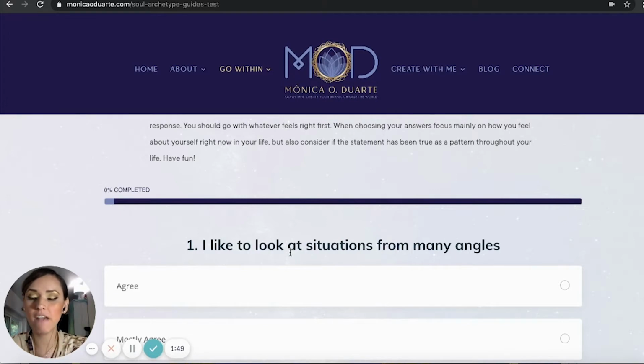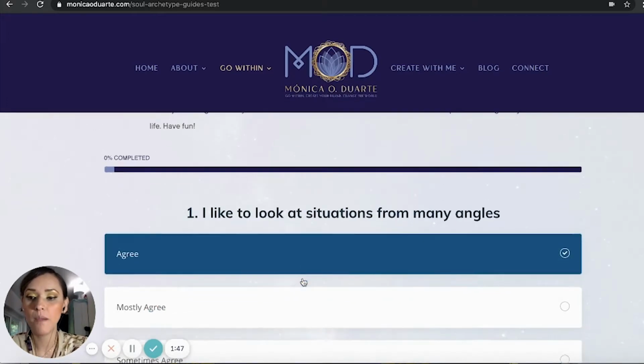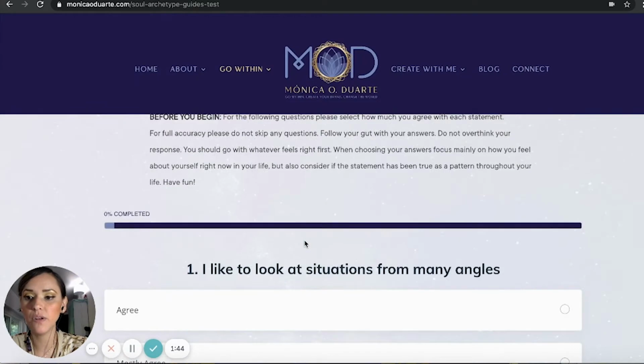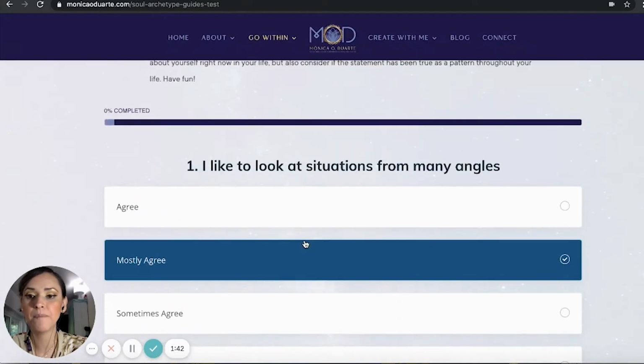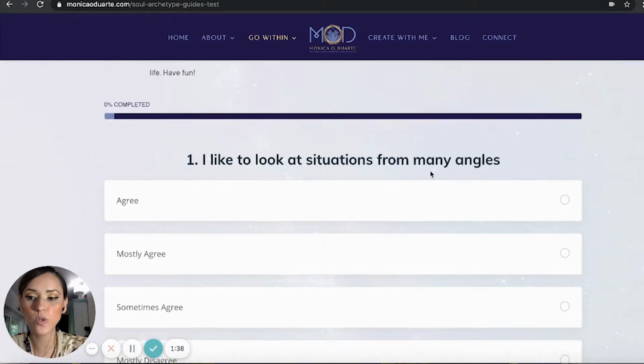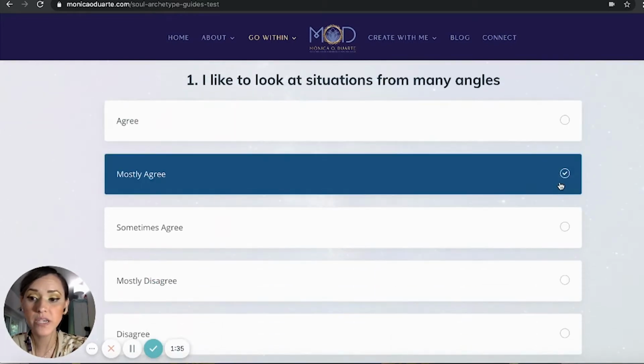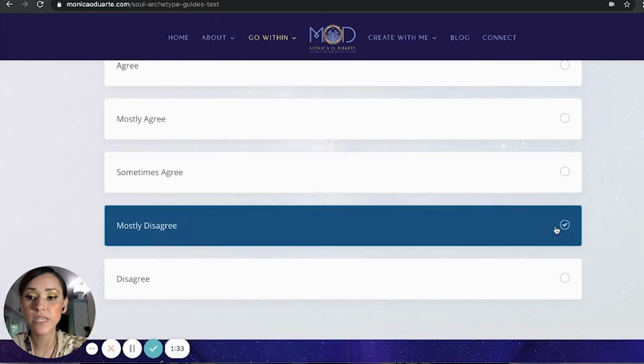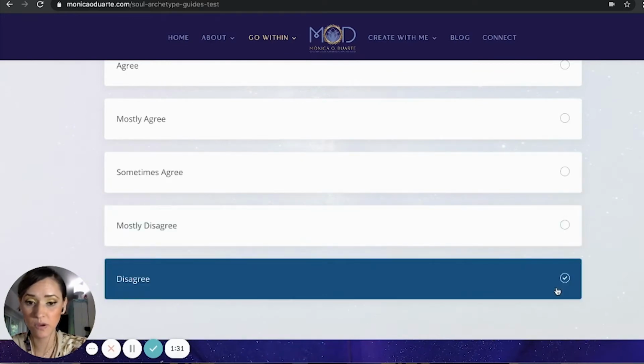So sometimes it's best to have more questions. Then you just select if you agree with the statement. For example, I like to look at situations from many angles. You can select agree, mostly agree, sometimes agree, mostly disagree, or disagree, if you don't completely resonate with that.